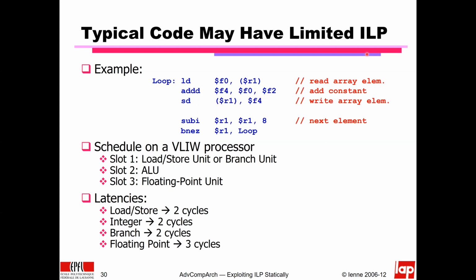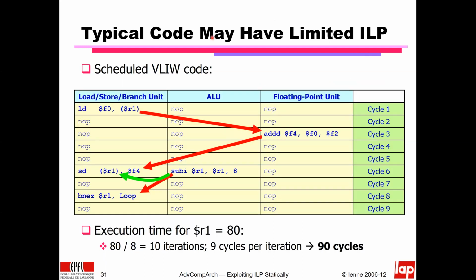Since I predict it, I don't issue anything, because I'm in the same situation that this machine was in on the second cycle. The load is not done and everything that was waiting still needs to wait.